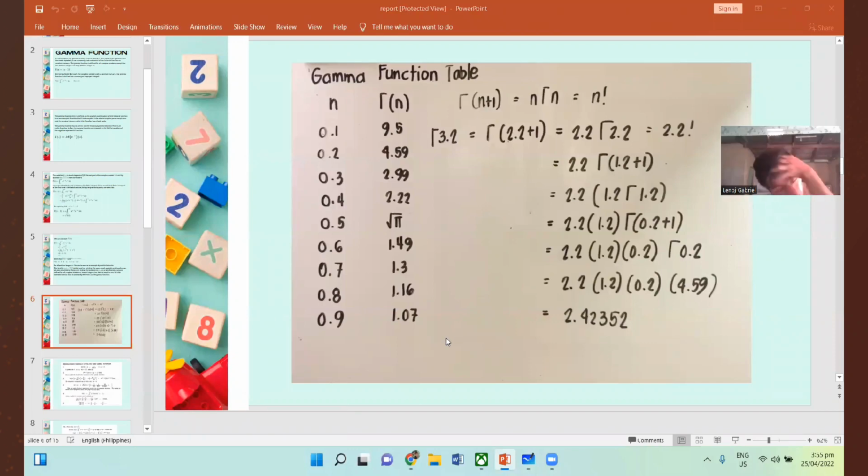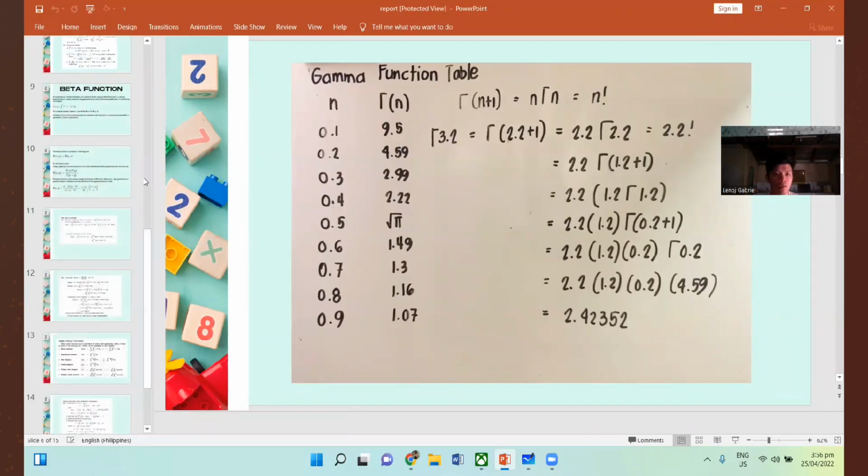So we are back in this slide. We need to remember these tables so it is easier to find the gamma functions. Let's also remember the integration by parts.